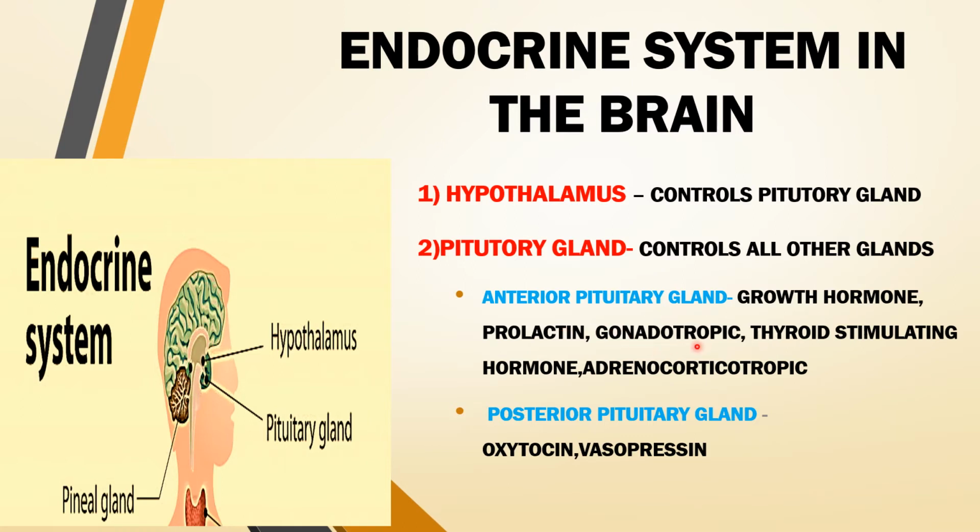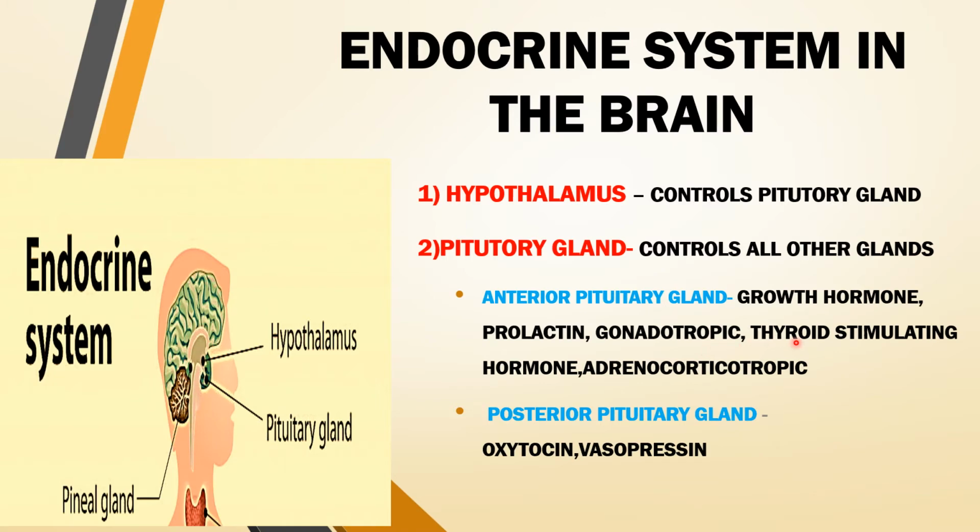Then gonadotropic hormones. It regulates the secretion of hormones from gonads, like estrogen in females and testosterone in males. So the gonadotropic hormones regulate the secretion of hormones like estrogen and testosterone.